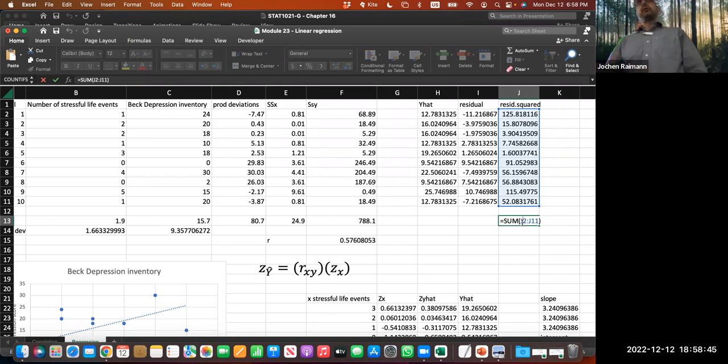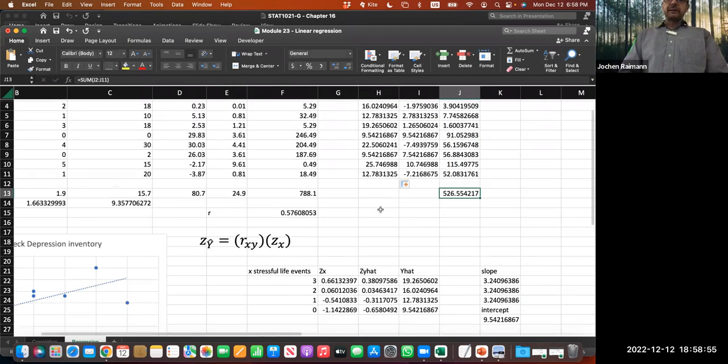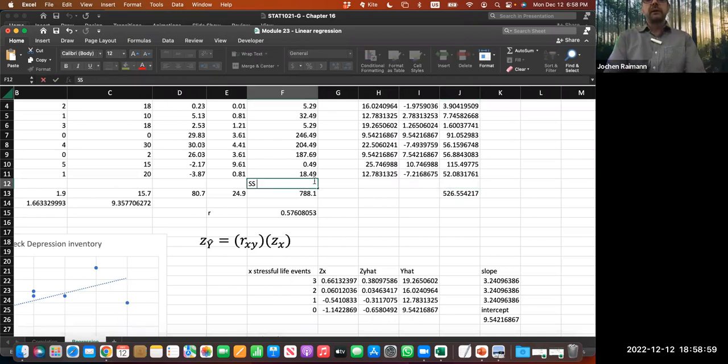So if you want to know now how much did the model contribute to my prediction and to my accuracy, you can do this by calculating, and this is called, so this is the sum of squares total. This is the sum of squares residuals. So this is the residual error. And now we have a sum of squares for our model.